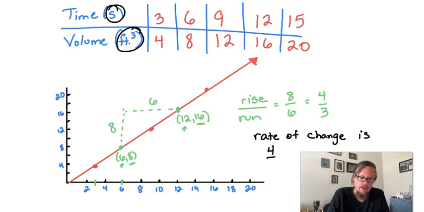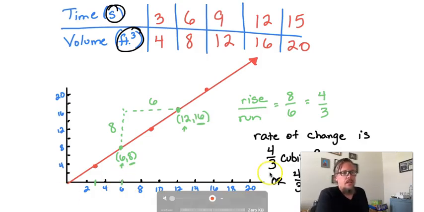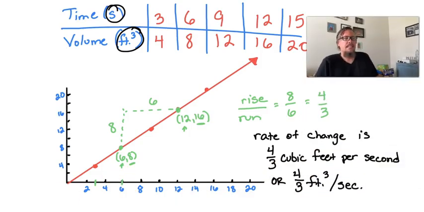So 4/3 cubic feet per second, or if we really wanted to shorten this down, we could say 4/3 and then do cubic feet, our feet with the cube symbol, per second. 4/3 cubic feet per second would be another way that we could write that rate of change. So every 3 seconds, 4 cubic feet go over the dam. That's 4/3 cubic feet per second.